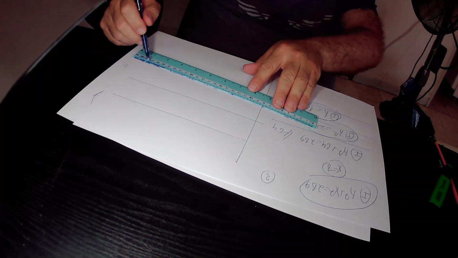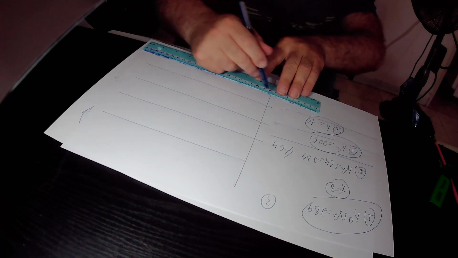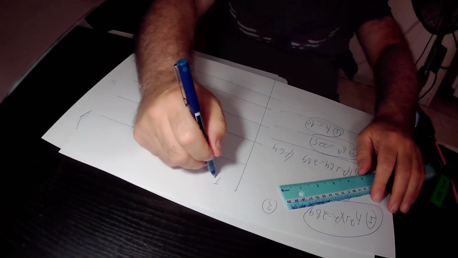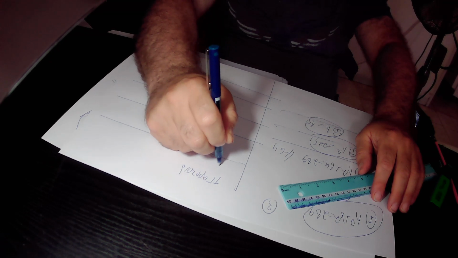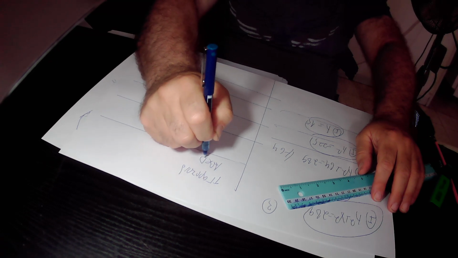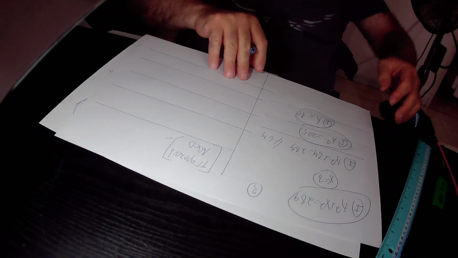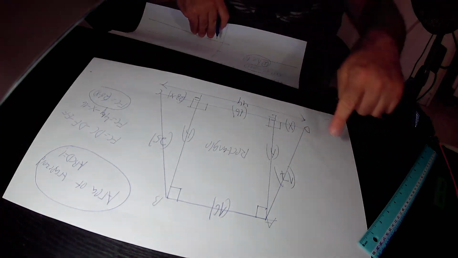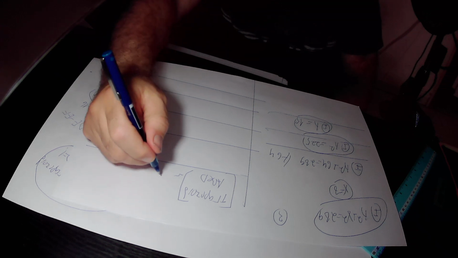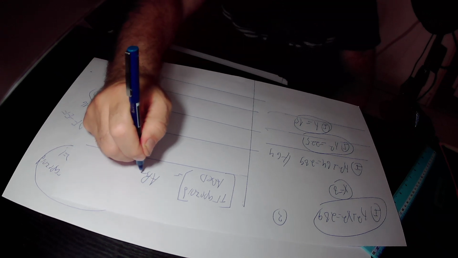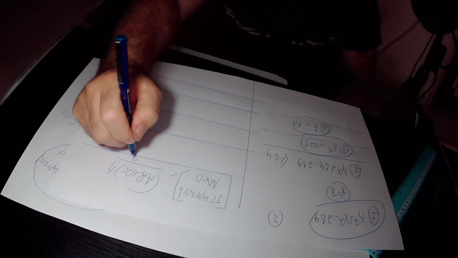The area of trapezoid ABCD is equal to the sum of its two parallel bases, that is AB plus DC, times the height h, divided by 2.